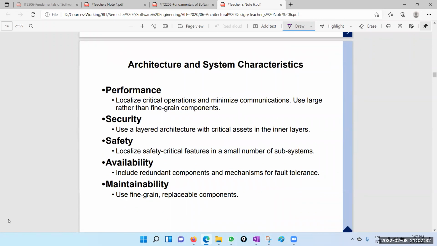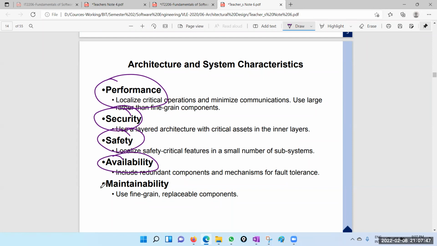Right, so there are a few things we have to think about when we decide on architecture. We have to think about the performance, the security, safety, the availability, maintainability, maybe upgradability, scalability.